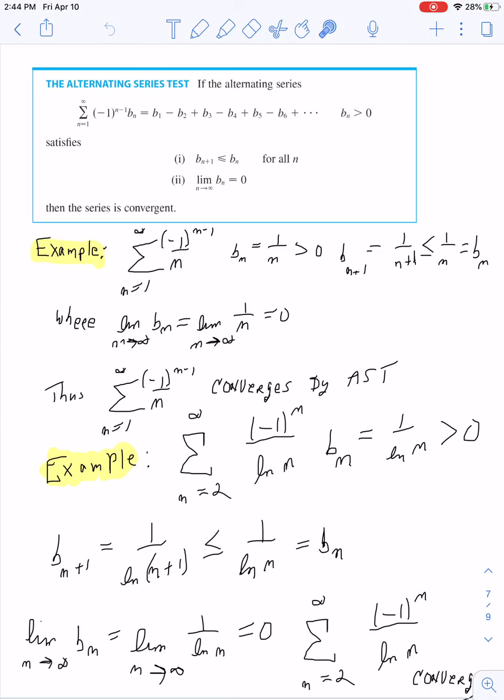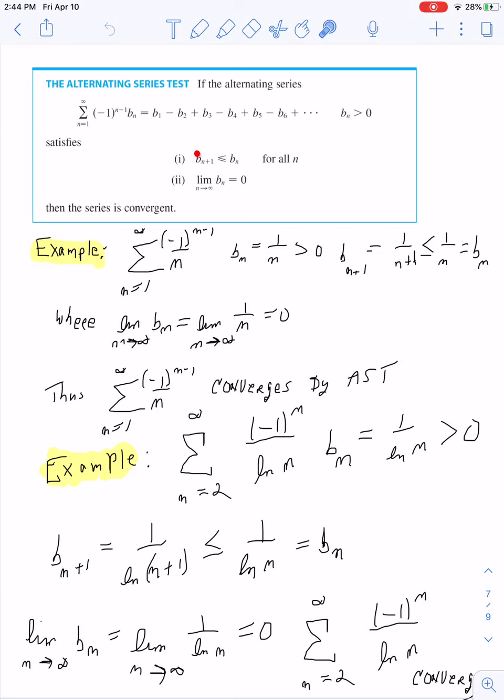So now I just need to check, are these two criteria satisfied? Well, Bn plus 1 is 1 over n plus 1, and Bn is 1 over n, and since n plus 1 is bigger than n, 1 over n plus 1 is less than or equal to 1 over n for any n.